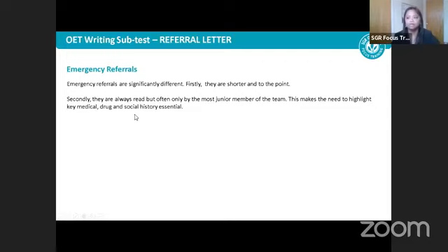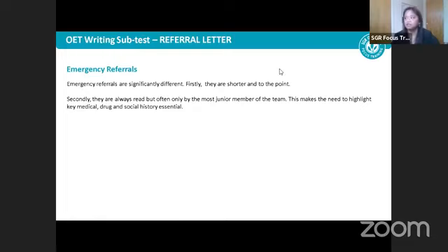Secondly, you need to remember that they're always read not just by the person that you're writing to, but some of the junior members of the team as well, and other parts of the ED if you're writing to the emergency department.